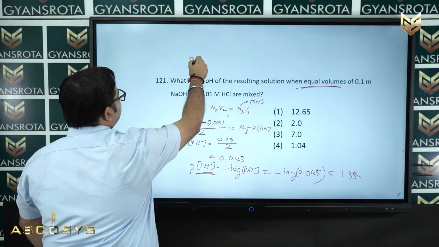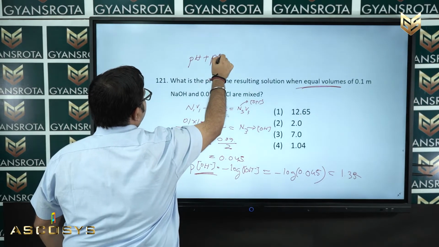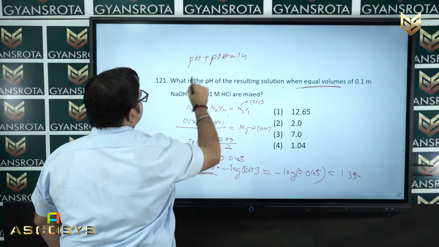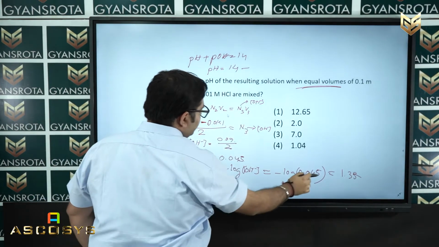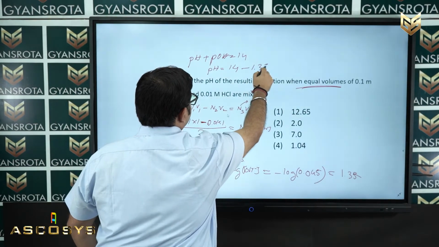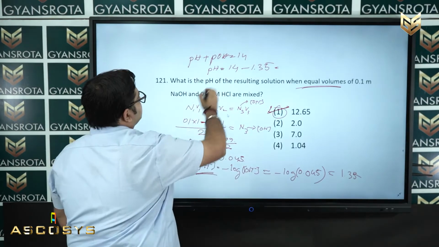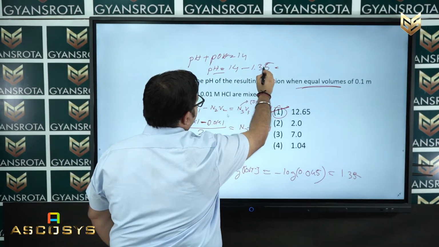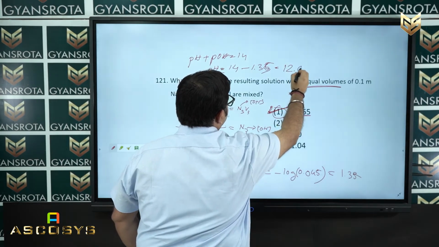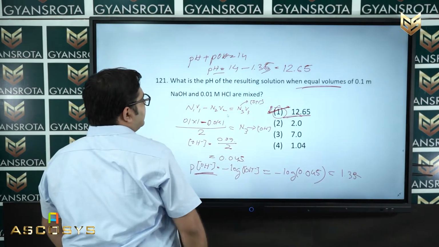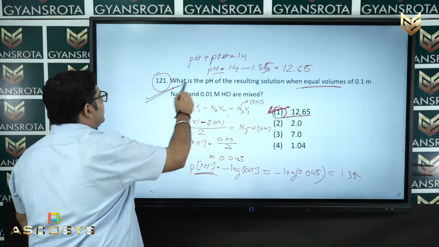Now, for pH the formula is pH plus pOH is equal to 14, so pH is equal to 14 minus pOH. What is the value of pOH? It is coming as 1.35. So, 14 minus 1.35, and you get your answer as 12.65. So, 12.65, option number 1, is the correct answer to question number 121.